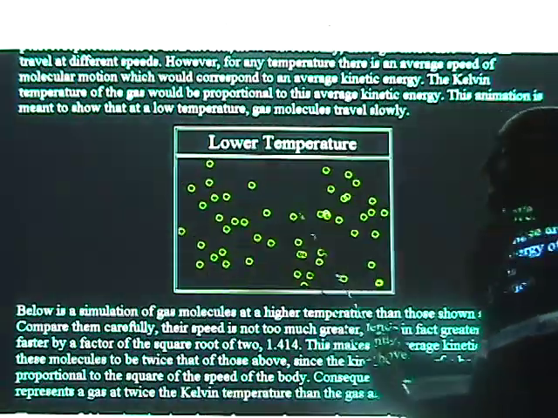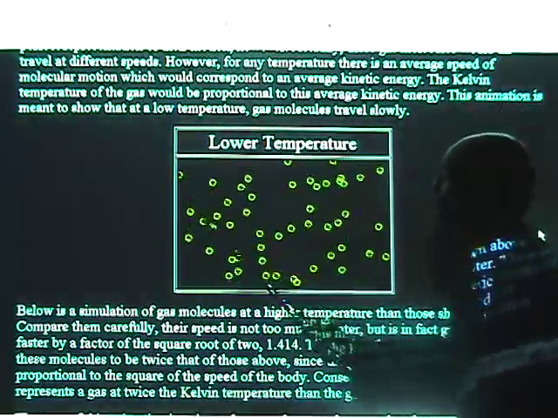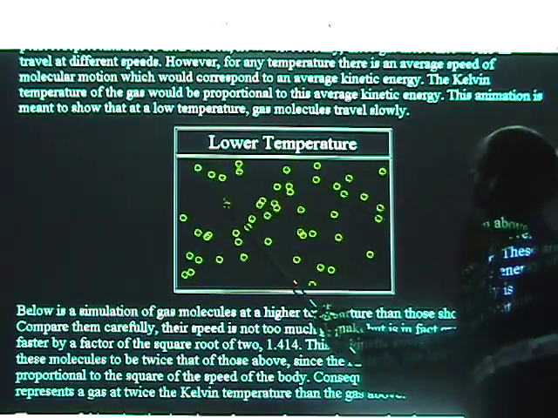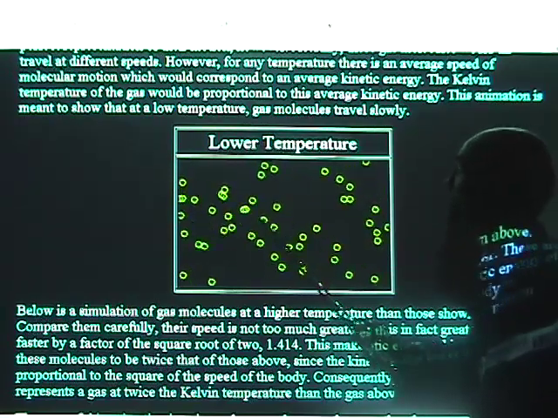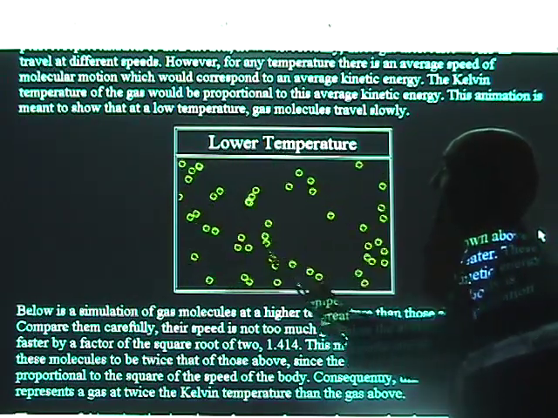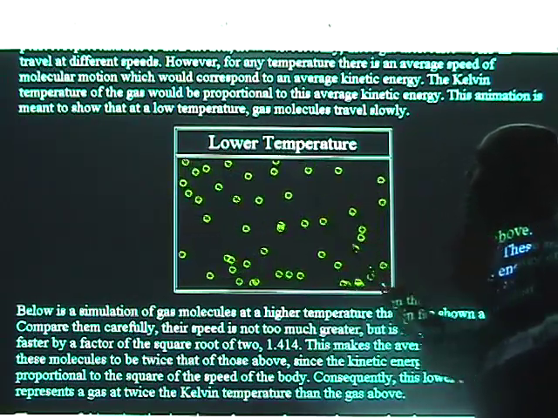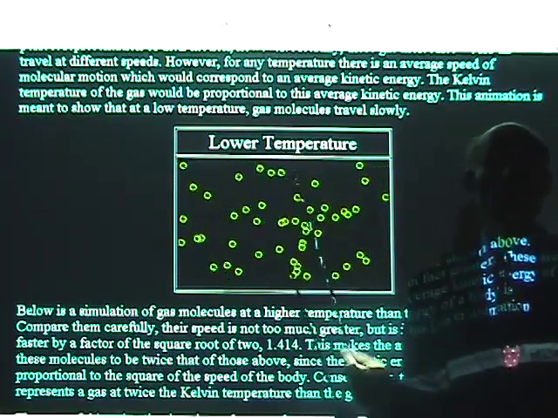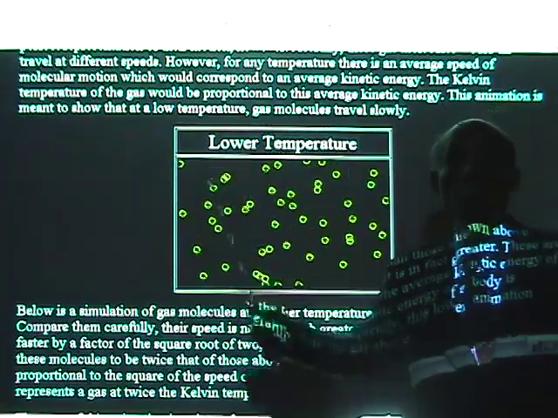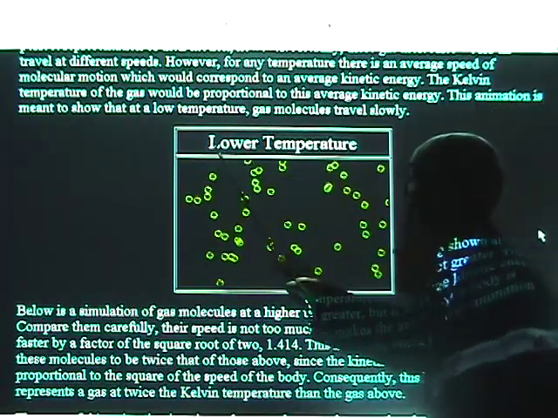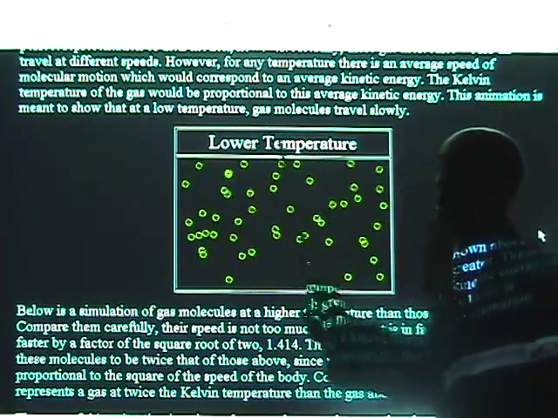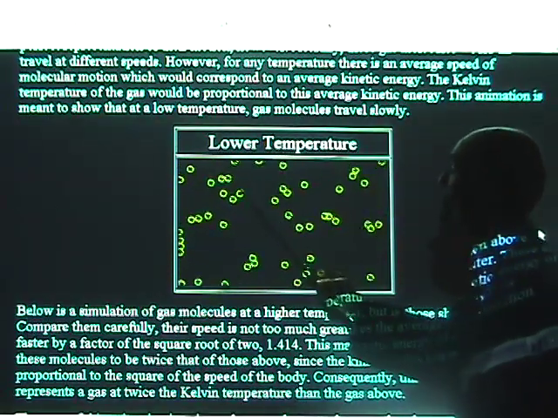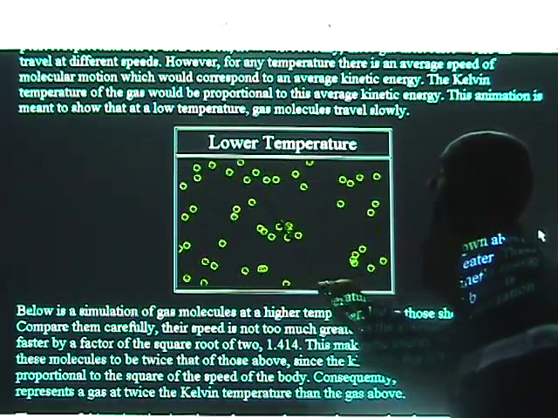Here I have an illustration of a certain amount of gas enclosed inside a container, and you can see the gas molecules are in a continuous state of motion. And the speed of motion is what determines the temperature. This is a lower temperature. What happens when you increase the temperature of the gas?